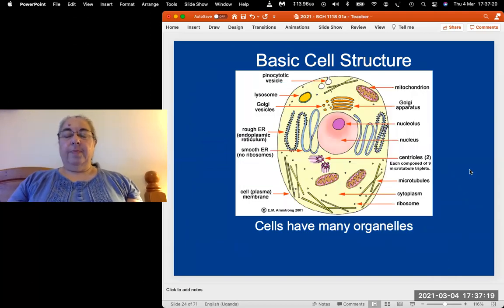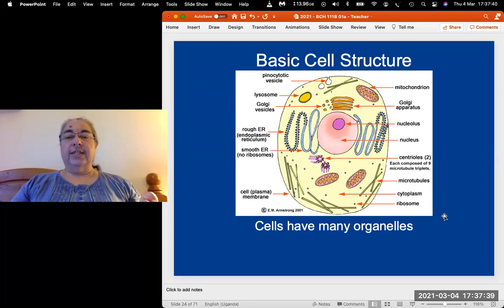Okay, so here again is the picture of, if you like, a generalized cell. And in this picture, we can see indications of organelles within the cell. Organelles is the name given to the structures inside cells, a bit like organs inside the body, which are structures which are separate from each other.